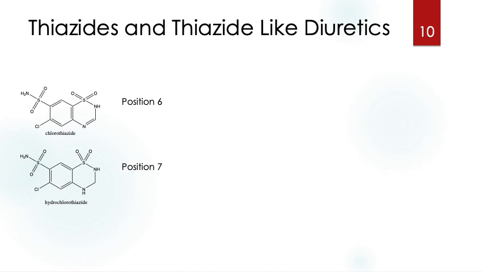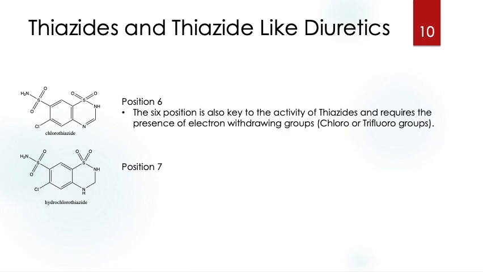Now let's take a look at what positions 6 and 7 bring to this particular moiety. As we've mentioned already, at position 7 we have a sulfonamide group. Let me begin with position 6 and then we'll move in order. The 6th position is key to the activity of the thiazide because it requires the presence of an electron withdrawing group.